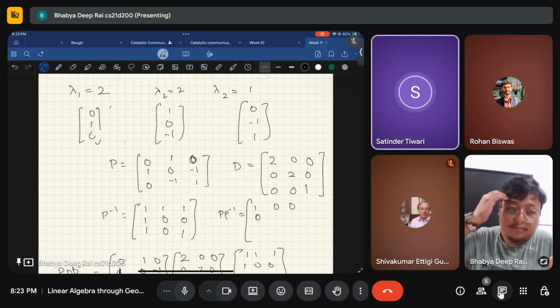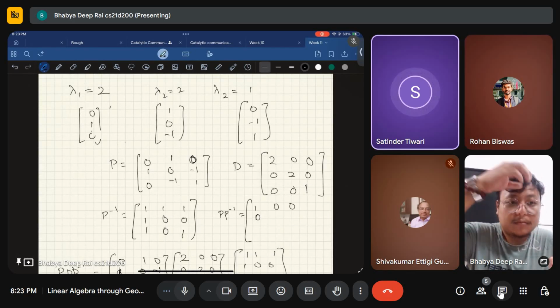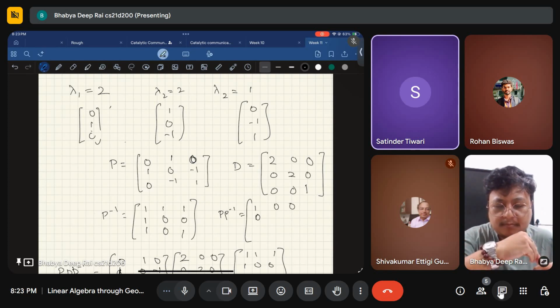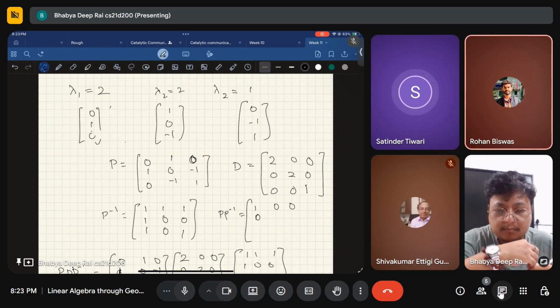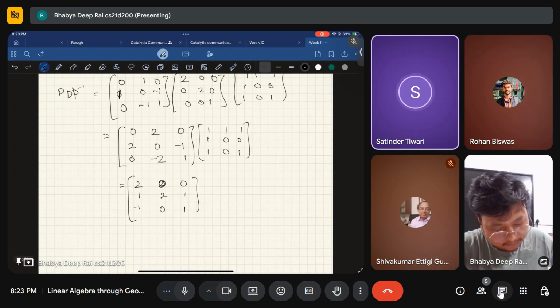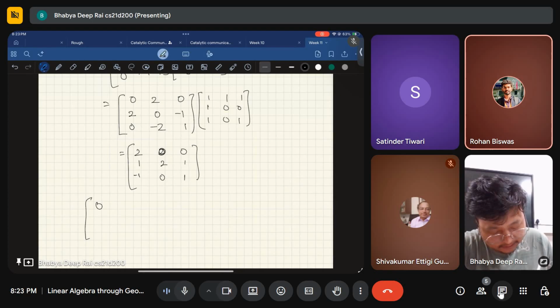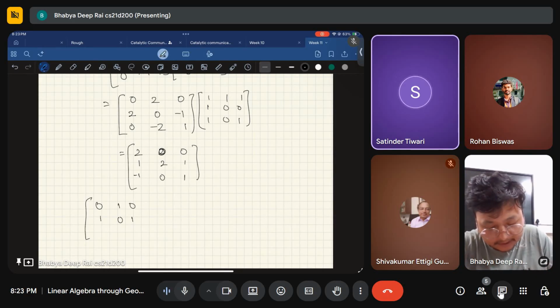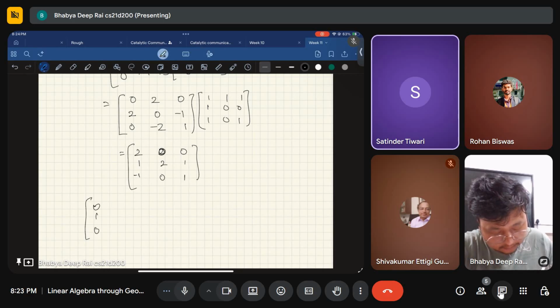I'm telling you, we have the P matrix with columns 0, 1, 0; 1, 0, minus 1; and 0, minus 1, 1.